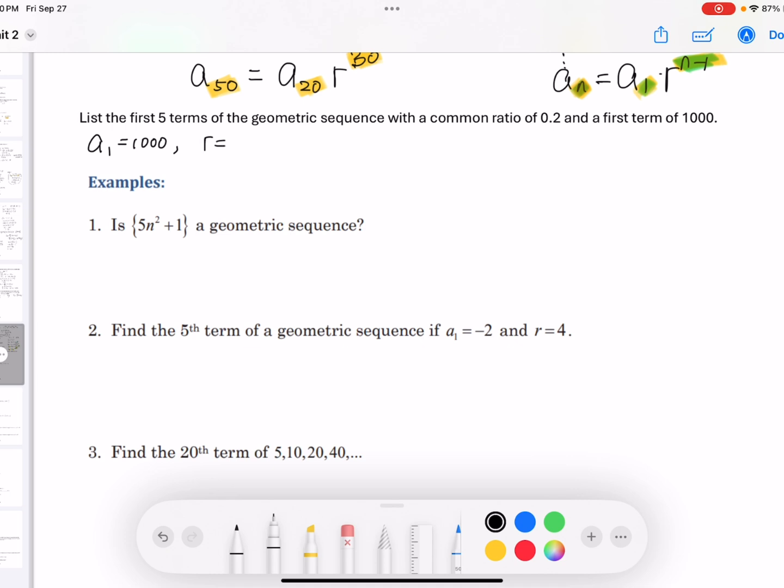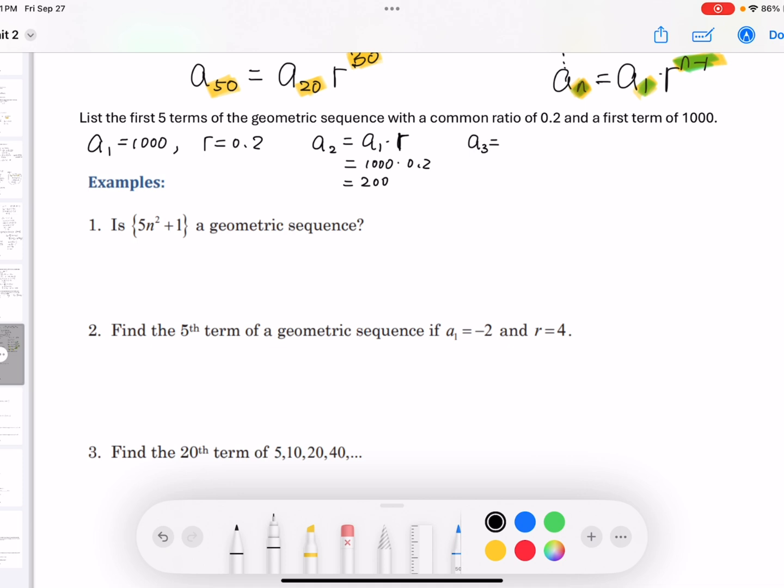It is 0.2. So what is a sub 2? A sub 2 is equal to a sub 1 times r. So put r here. It is 1000 times 0.2. It is 200.